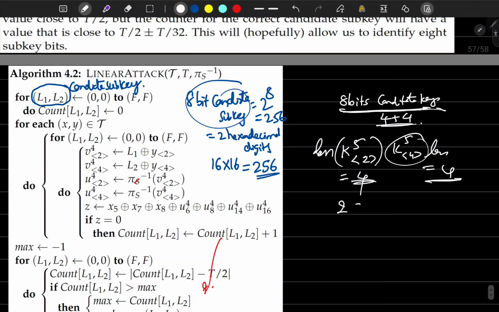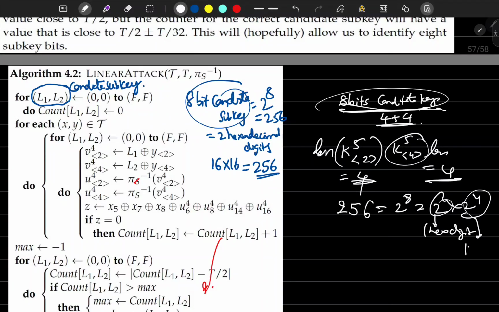I told you the total possibilities for the candidate subkey are 256, 2 power 8. This can be written as 2 power 4 times 2 power 4. 2 power 4 means 1 hex digit, and this is 1 hex digit. So let's denote this candidate subkey by (L1, L2).